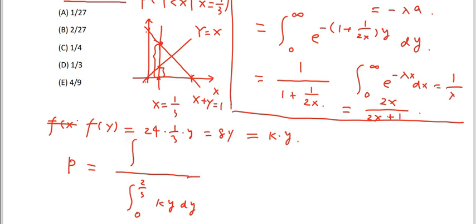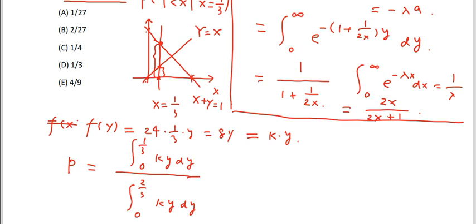What is y less than x? This part: y from 0 to 1 over 3, of ky dy. So this is our conditional probability.